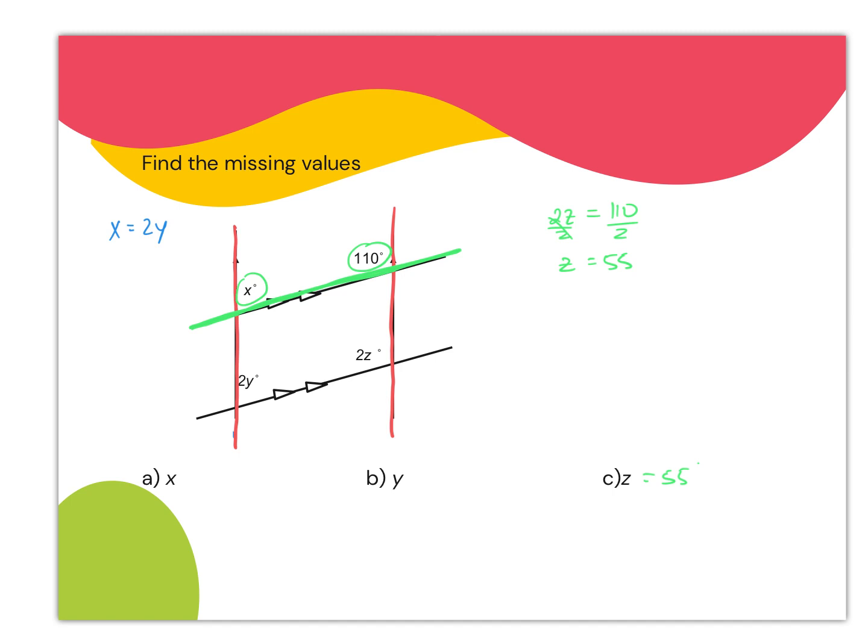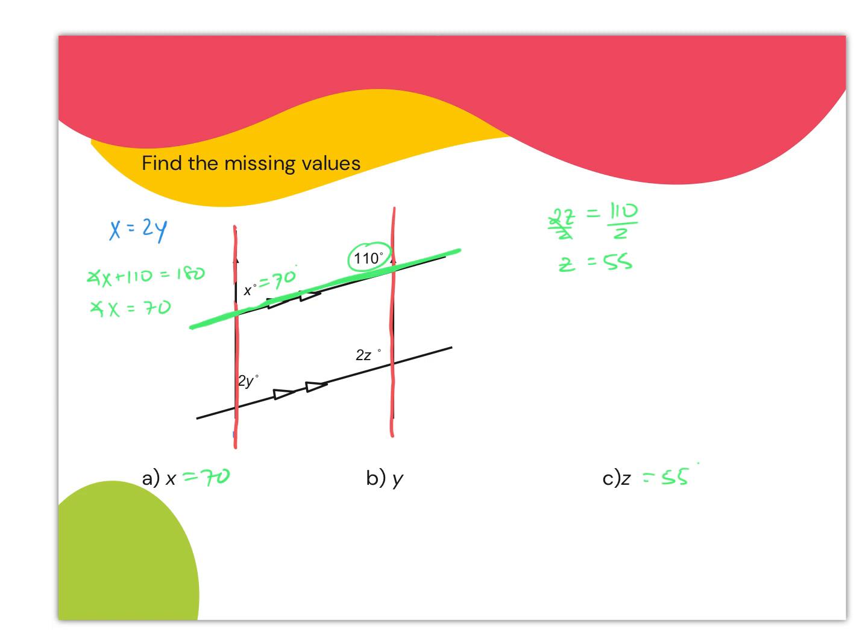Consecutive or same side. And I know that they are supplementary. So I know that angle x plus 110 must equal 180 degrees. And that means angle x equals 70 degrees.